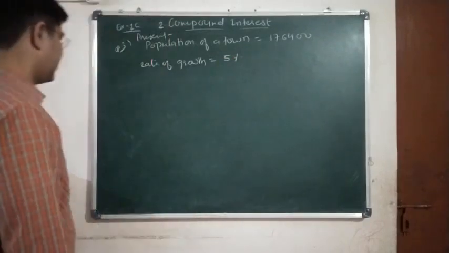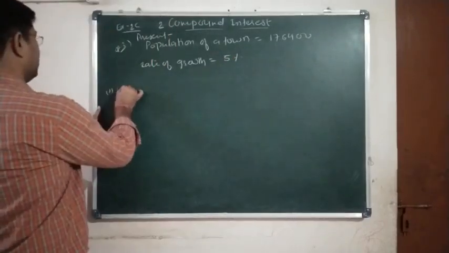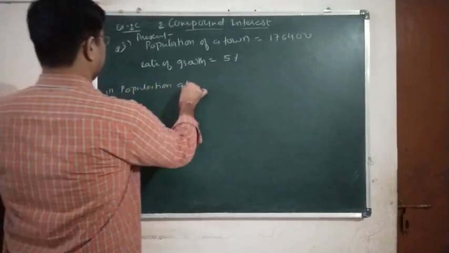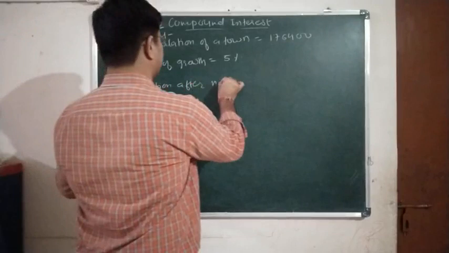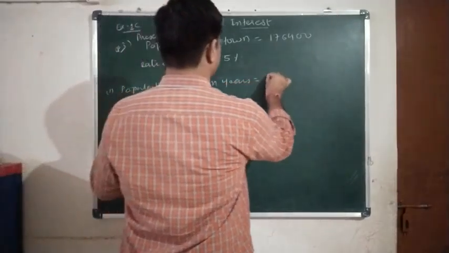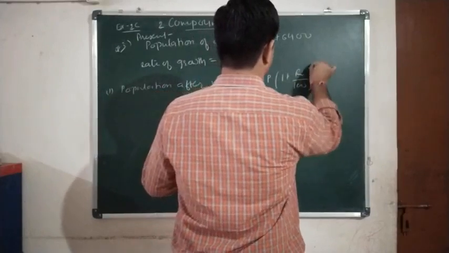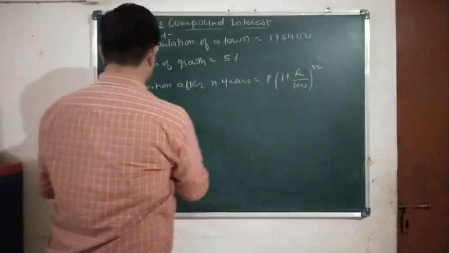Again the same formula we are going to use. Number 1, population after n years is equal to P into bracket 1 plus R upon 100 raised to n.